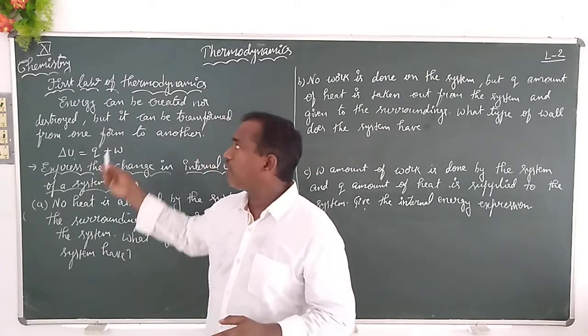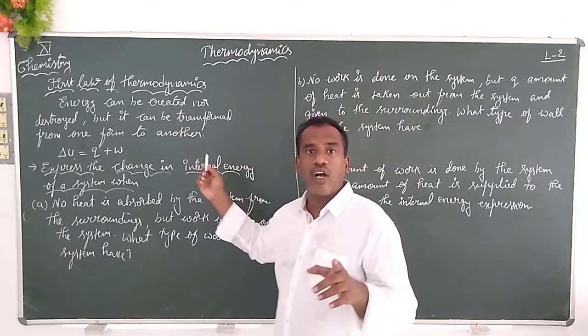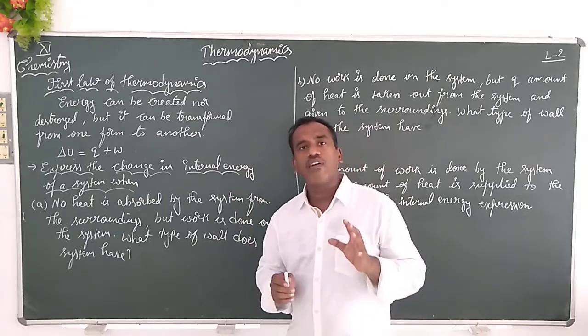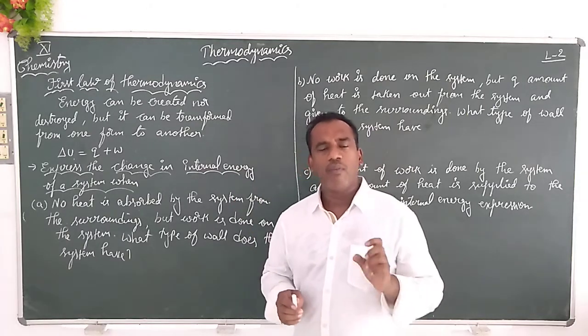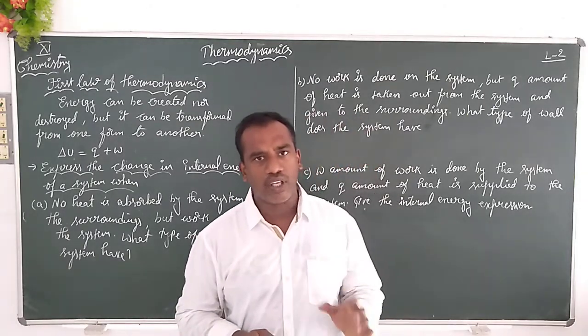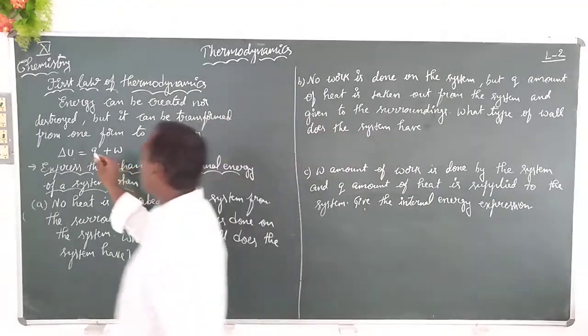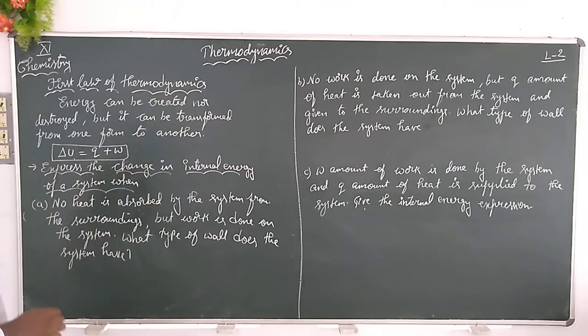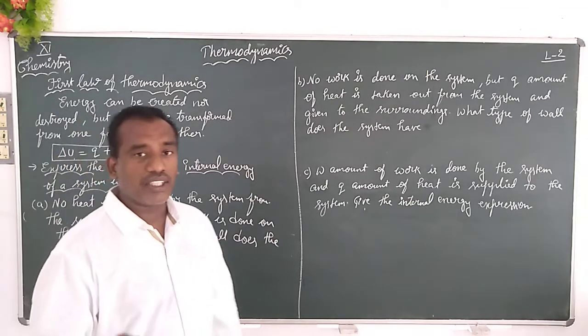So what is the first law of thermodynamics saying? Energy can be neither created nor destroyed, but it can be transformed from one form to another form. A very important small equation, because this small equation delta U is equal to Q plus W is going to bring the complete explanation for the questions that will be raised.